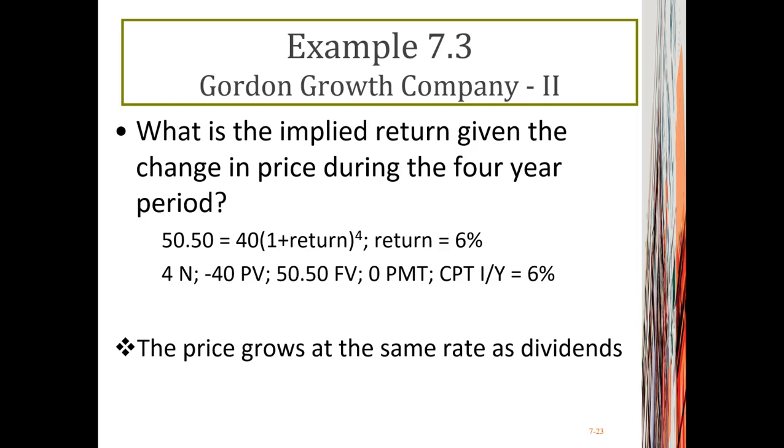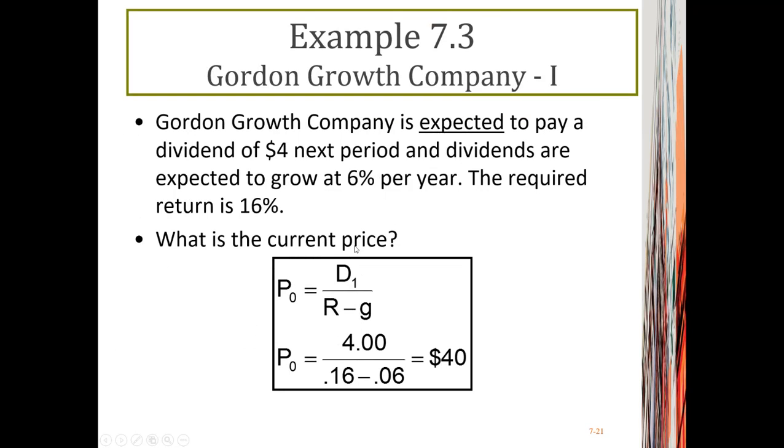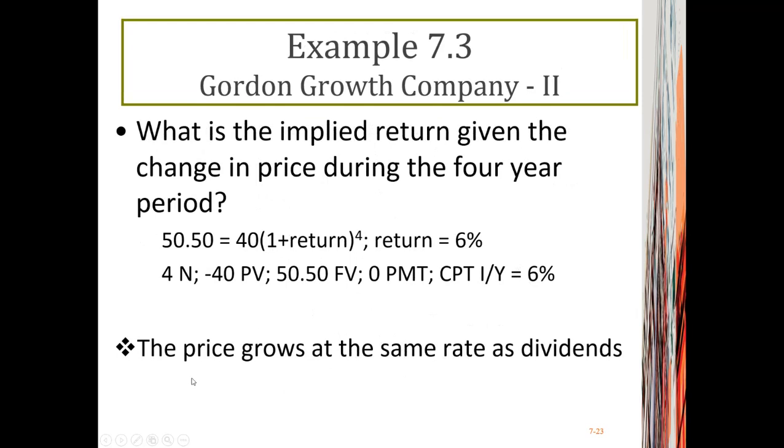If that is the case, we can estimate the return of holding that stock for the next 4 years. Right? And based on calculation, you see, no matter whether you do manual calculation or use your calculator, return is going to be 6%. And this indicates that the stock price will grow at 6% for the next 4 years. Well, we also notice that this company has 6% growth rate in its dividends. So essentially speaking, the stock price growth rate is the same as dividend growth rate in this example.